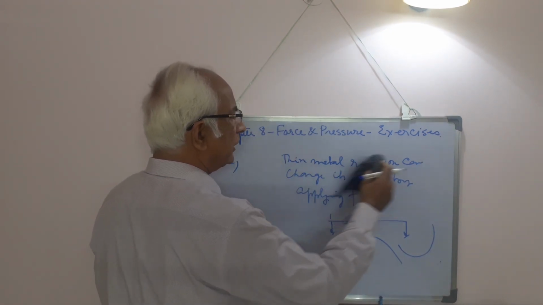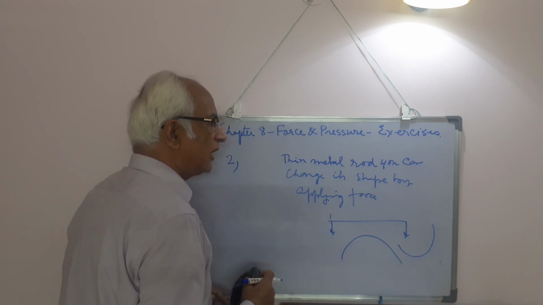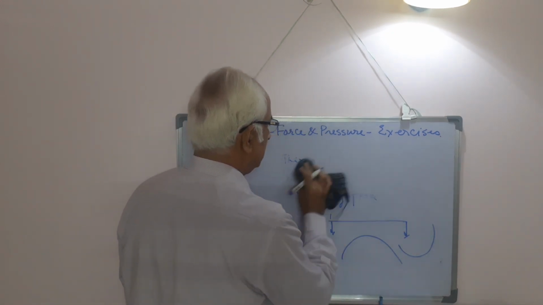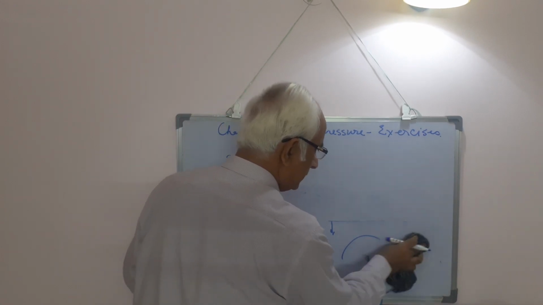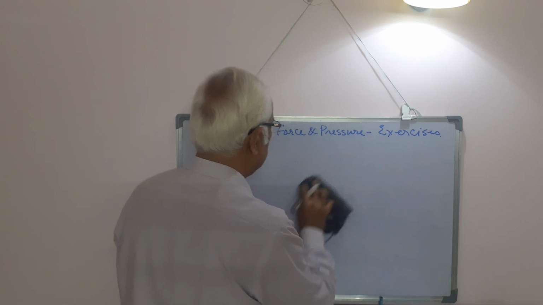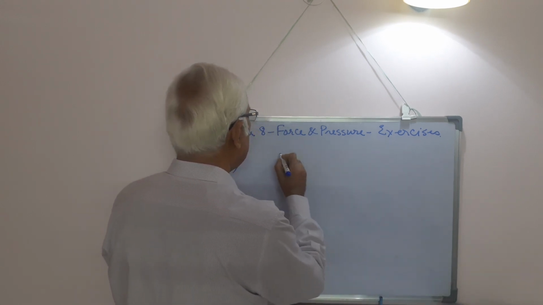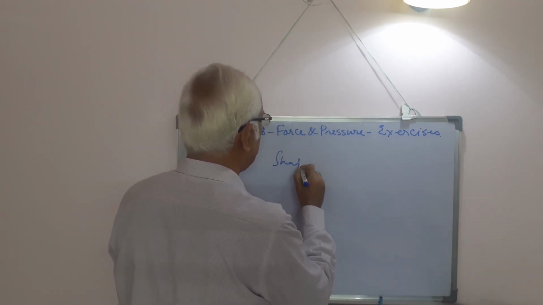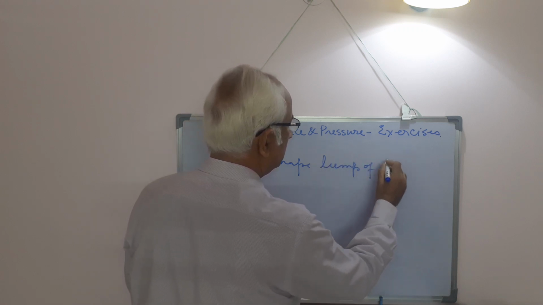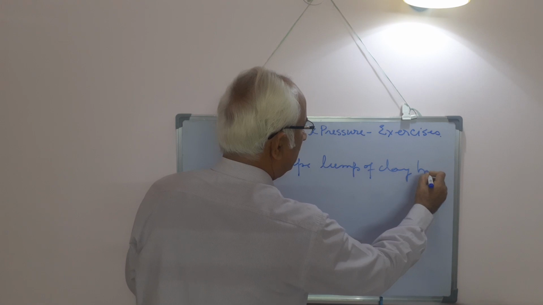So the shape of a thin metal rod can be changed by applying force on it. That is one example. You can change the shape of a lump of clay by applying force.